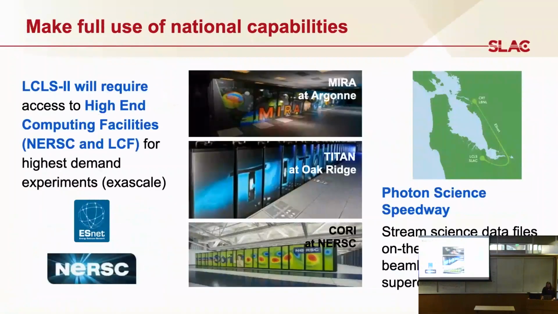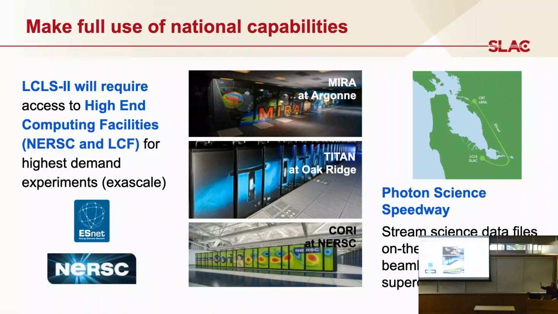And so the answer was to take advantage of all of these other facilities that the DOE has given us. So they have high-end compute at Argonne, Oak Ridge, and at NERSC at Berkeley. And we have the ESnet network, which is a well-provisioned network, actually, that allows us to stream the data to anywhere it goes.